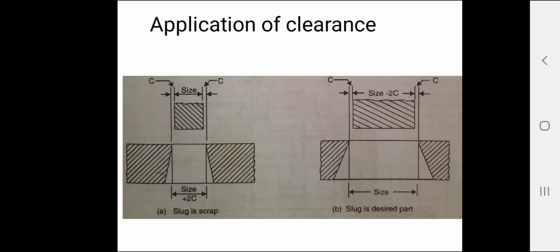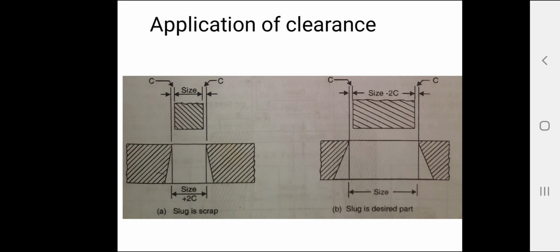That is, brass and soft steel 5% of thickness, medium steel 6% of the thickness, hard steel 7% of the thickness, and for aluminum, even though it is soft, 10% of the thickness. The total clearance between punch and die size will be twice these figures. These clearances are for blanking and piercing operations.